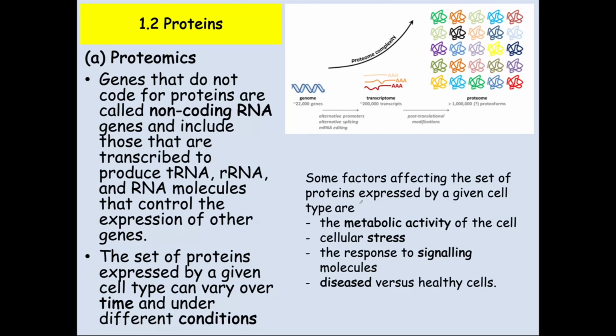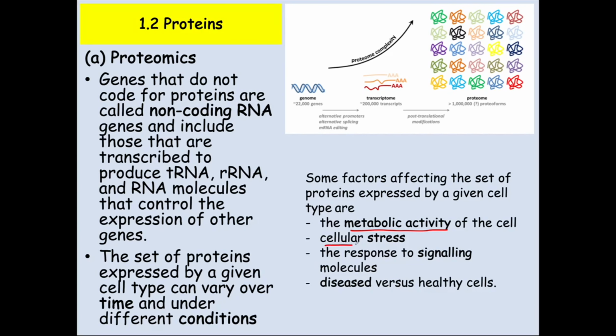The set of proteins expressed by a given cell type can vary over time and under different conditions. So some of the factors that affect the set of proteins that are expressed by a given cell type are the metabolic activity of the cell. Okay, so how quickly all the reactions are happening. That's our metabolism, the sum total of all the cellular reactions within our cells. So the metabolic activity will dictate that.